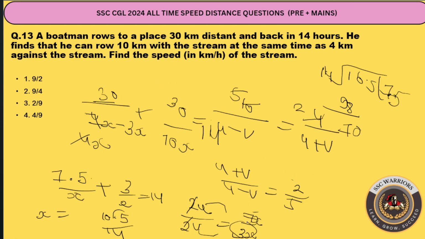Here the speed of the stream is 3x, 7.5 into 3. Now it is asking in kilometer per hour, so it will be 0.75. This is not 7.5, this is 0.75. So 0.75 multiplied by 3, or this is again 3 by 4, this is 9 by 4. Correct answer will be 9 by 4.